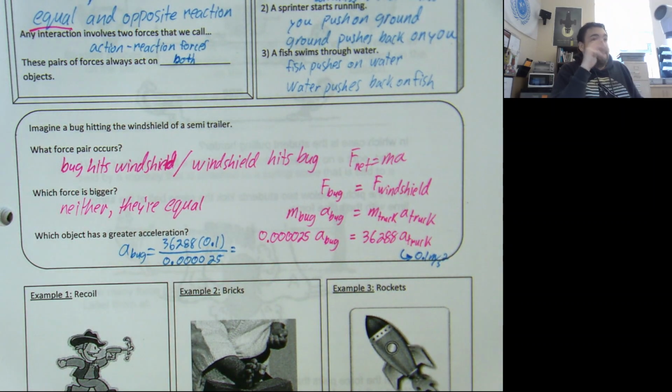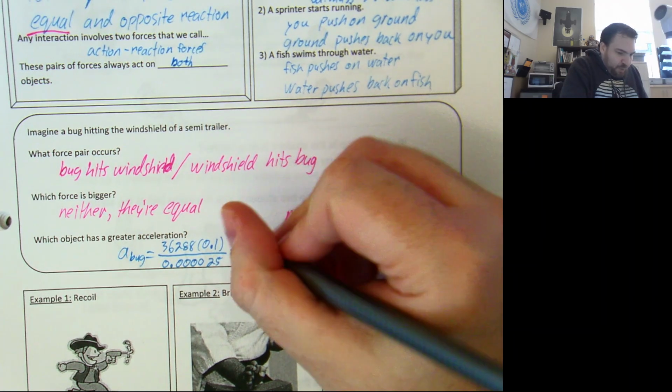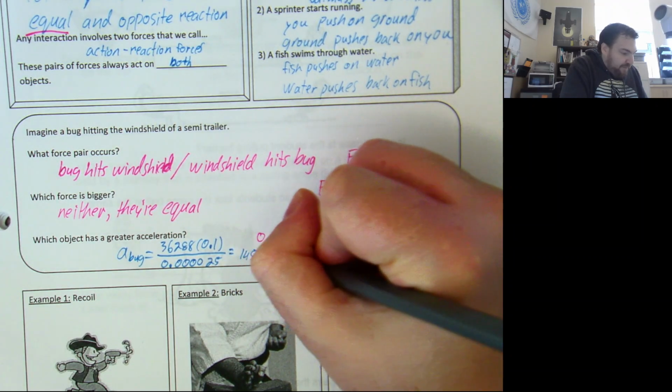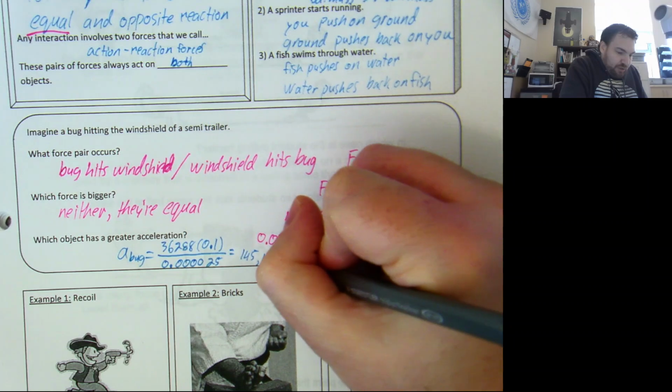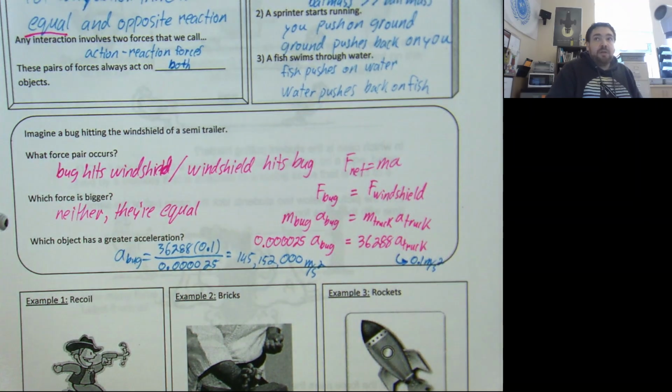If you do this math, you are going to find that the acceleration of the bug is 145,152,000 meters per second squared.